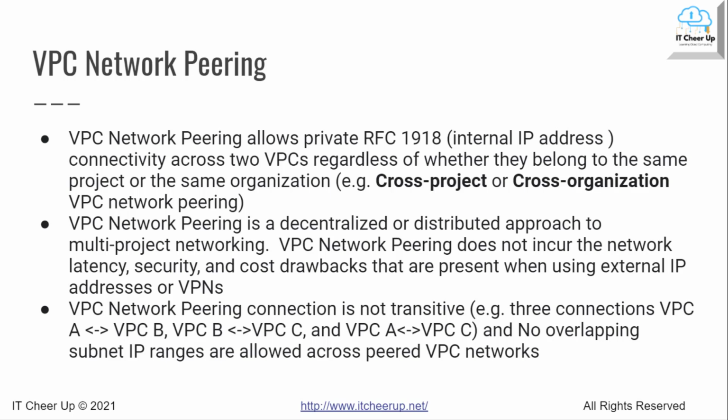For example, if there are 3 VPCs, then you need to create 3 peerings among them: between VPC A and VPC B, then VPC B and VPC C, and also between VPC A and VPC C, because the connection is not transitive.